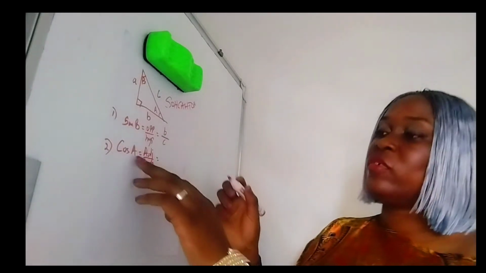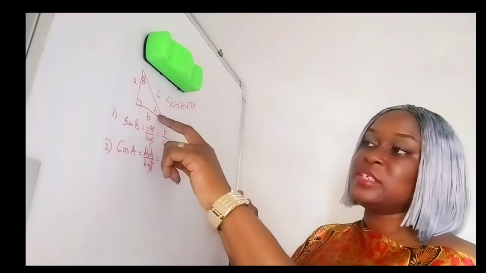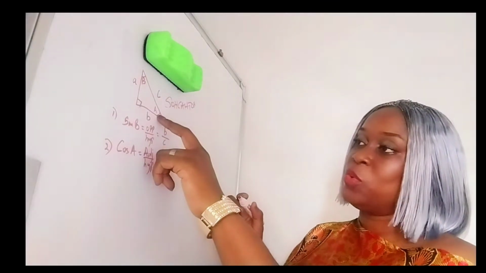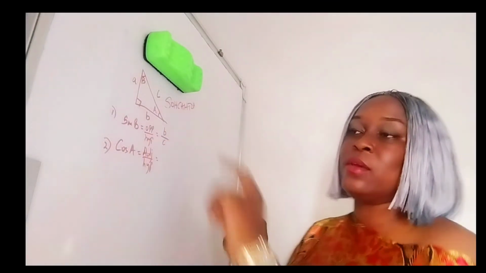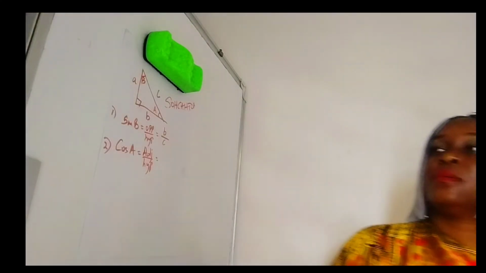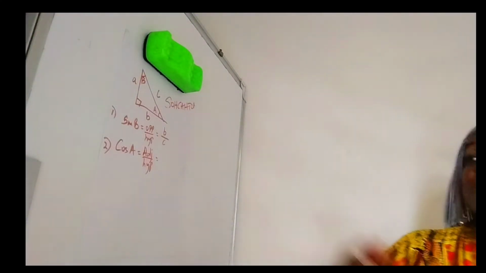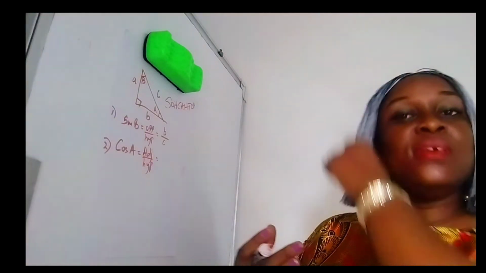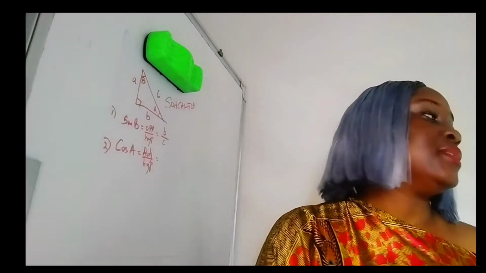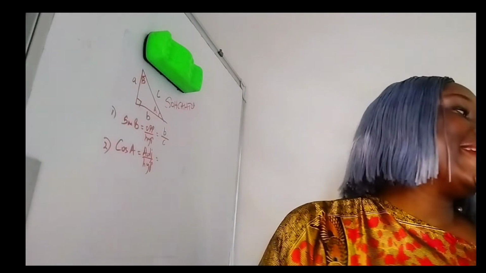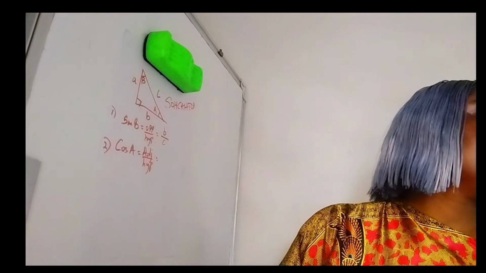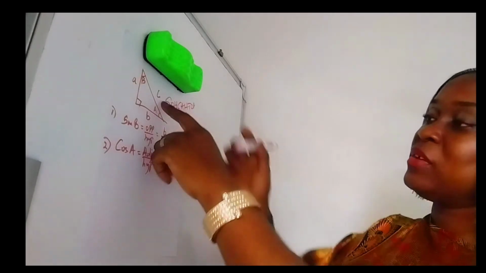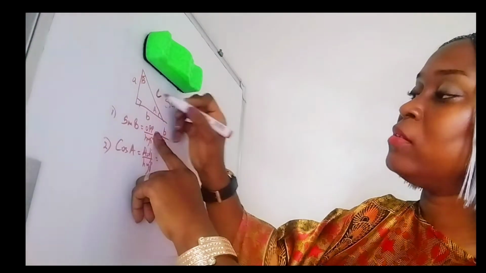The adjacent side to angle A will be what? Adjacent is the side that the angle is resting on. That is the adjacent. Okay? So what is that? C. C is the hypotenuse for every side.